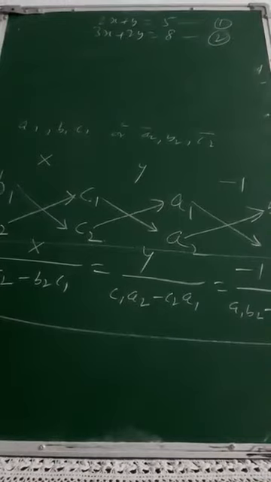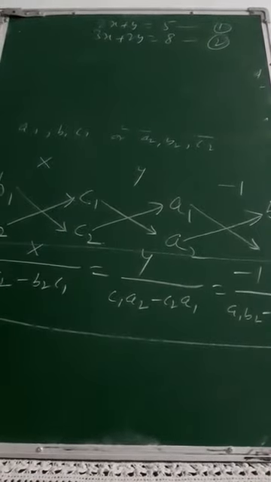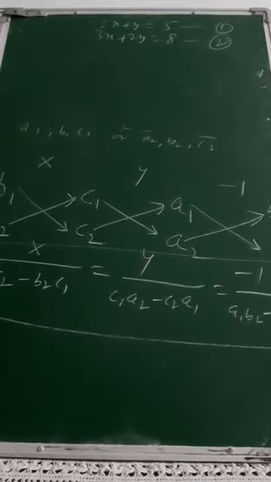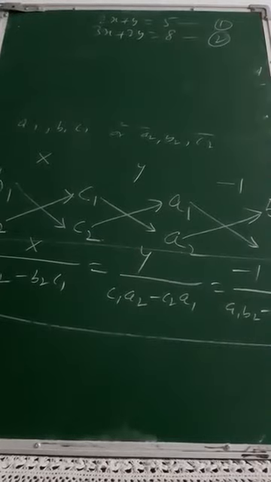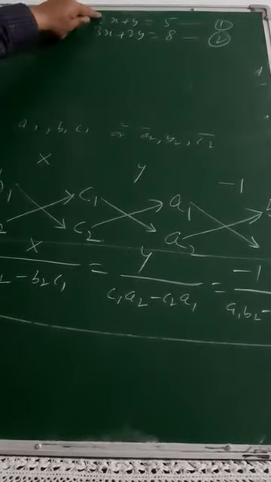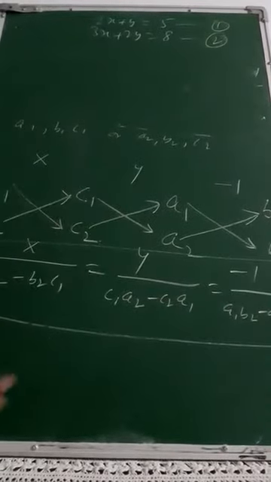This can be applied only for getting the unique values of x and y, that is, when a1 upon a2 is not equal to b1 upon b2. Here you can see 2 upon 3 is not equal to 1 upon 2. Then you proceed. Otherwise you are simply wasting your time.